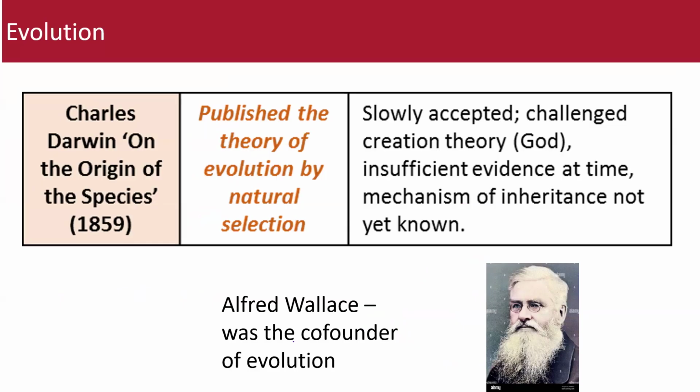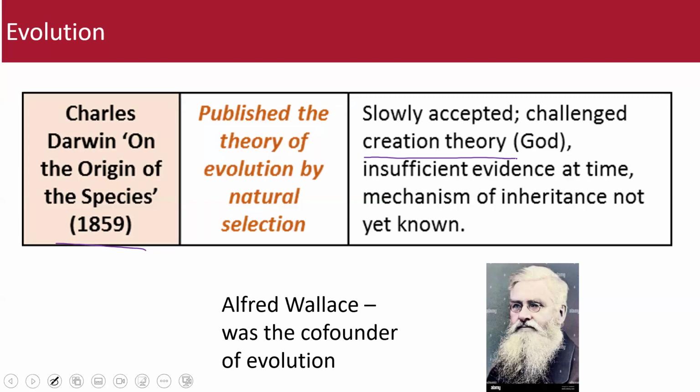Now the issue was that he came up with a book in 1859. Okay. At that time, there was really only one theory out there, which was your creation theory. Nobody thought anything different other than the fact that God created everything. So, number one, the reason why it wasn't accepted straight away was because God obviously created everything, creation theory.